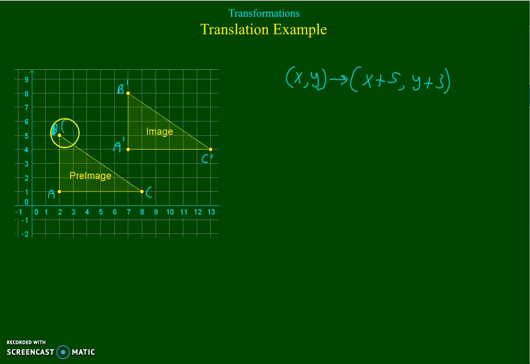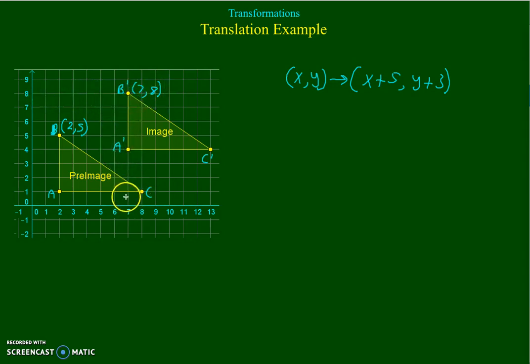So this point being 2, 5 would go to 2 plus 5, which is 7, and 5 plus 3, which is 8, so 7, 8.